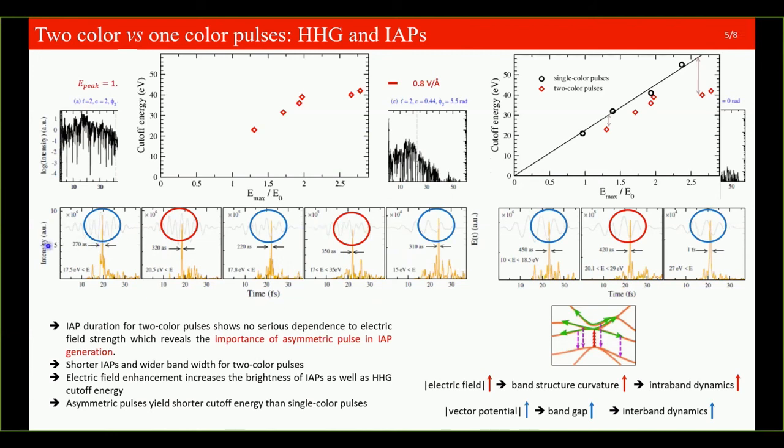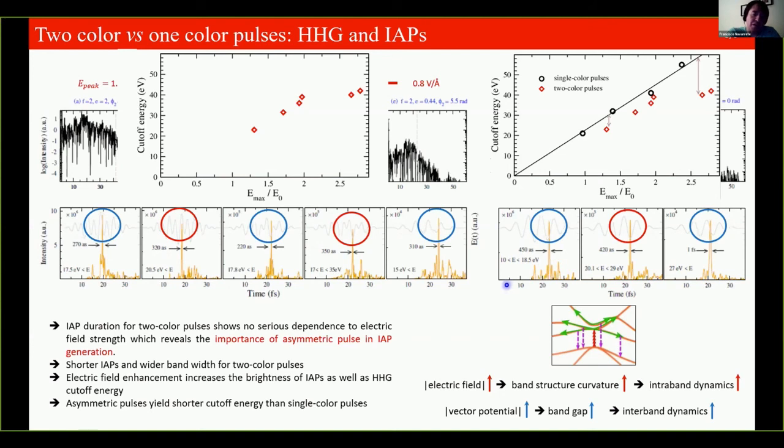As the electric field was shown here, you can see we don't have a symmetric pulse like this, and actually the second pulse destroyed the pulse symmetry. Yeah, but you could have a symmetric two-color pulse.